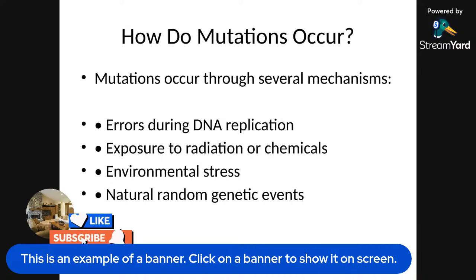Don't forget what I said about what mutation is all about: a permanent alteration in the sequence of DNA. The alteration could be as a result of addition or deletion of sequences in that DNA sequence.